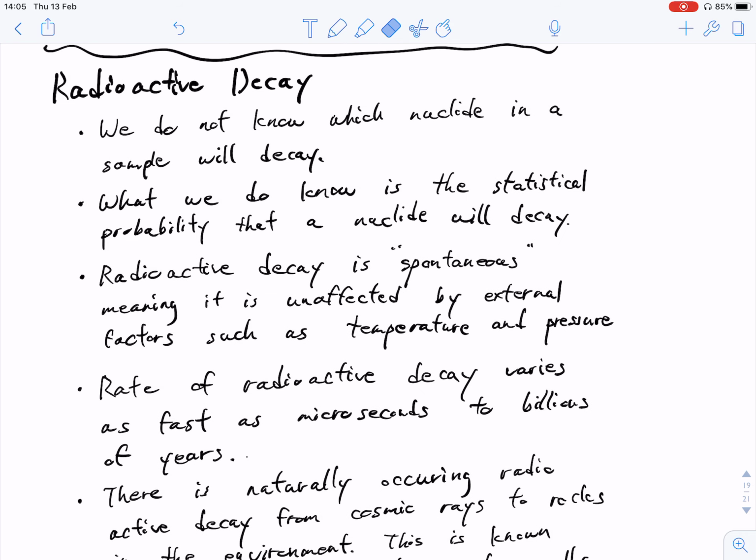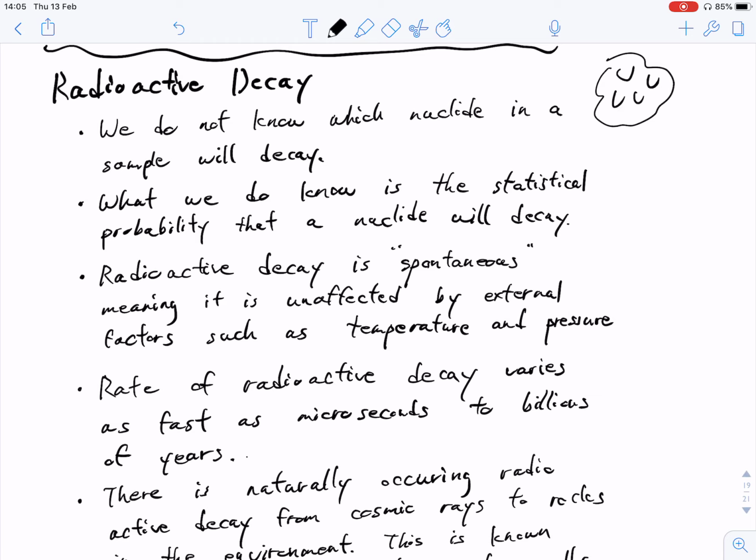So first off, some basic stuff about radioactive decay. The first thing is that we don't know which nuclide in a sample will decay. What we're really talking about is a large sample with a number of, let's say, uranium nuclides inside of it.